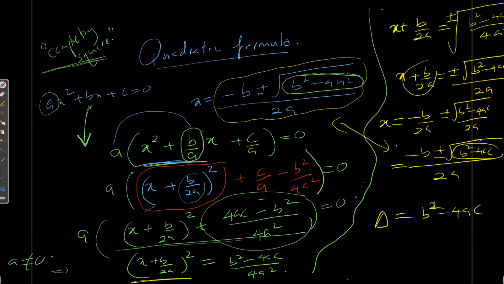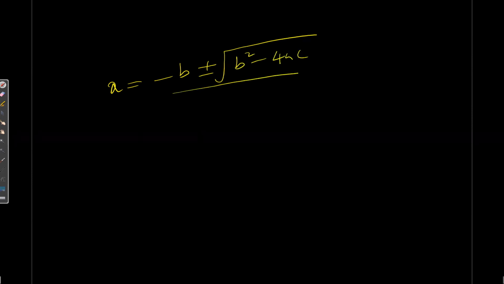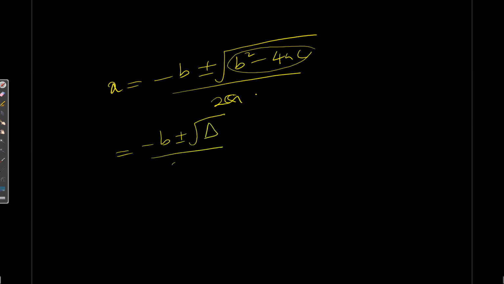In the quadratic formula, now let me explain this. Guys, this is a theory part, but this is nice. This is really nice. So x equals negative b plus or minus the square root of b squared minus 4ac over 2a. Now look at this. If delta is this, you can actually write your equation like this, square root of delta over 2a.